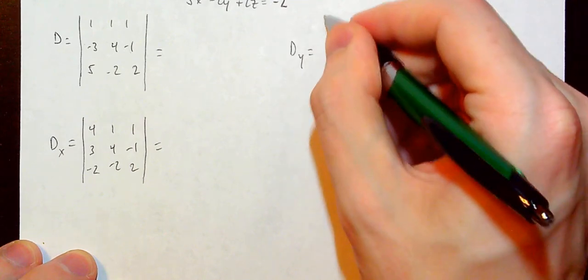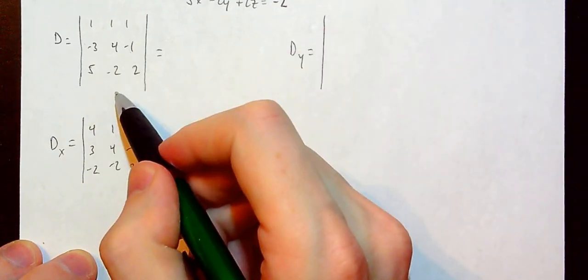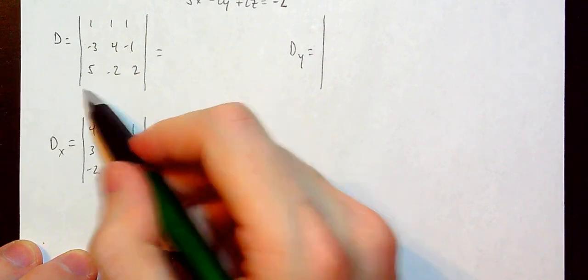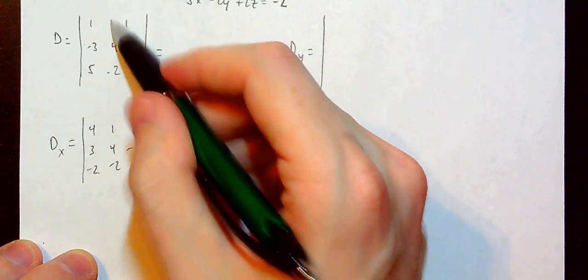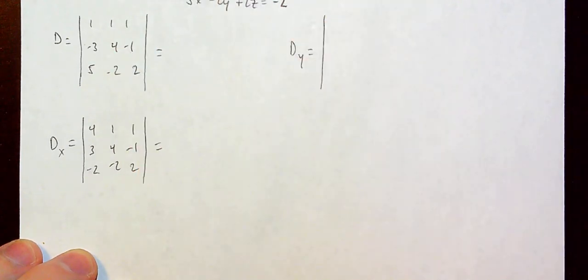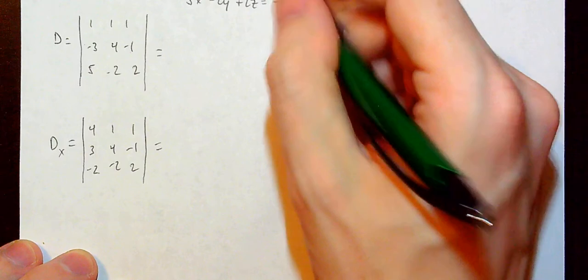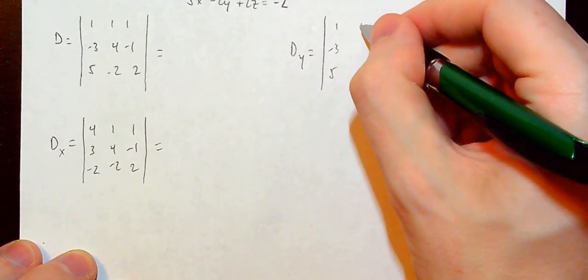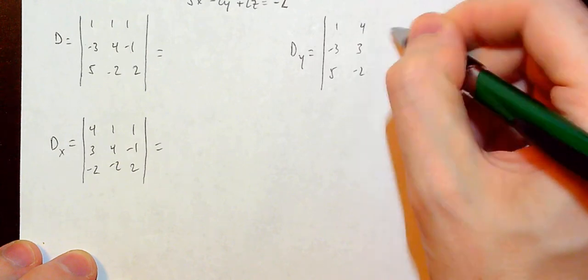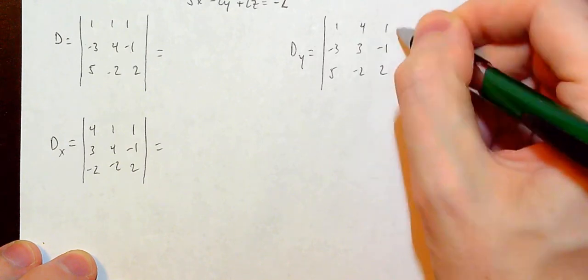D sub y, taking the thing that we have here for D, replacing the second column, the y coefficient column, with these numbers here. So 1, negative 3, 5, 4, 3, negative 2, 1, negative 1, 2.